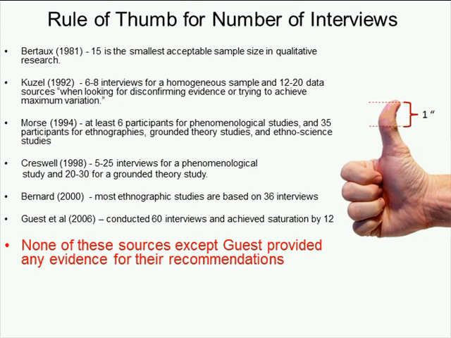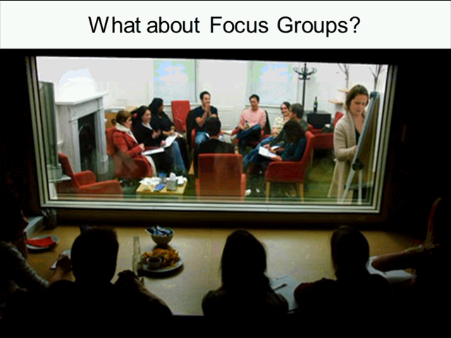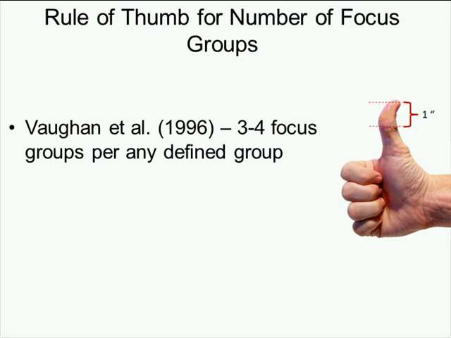Generally in oncology, the number needed for saturation falls somewhere in the range of 10 to 30 people, depending upon what's being inquired about. And what about focus groups? As opposed to using content solicitation by individual interviews, what about gathering content through focus groups? The rule of thumb there is something like 3 to 4 focus groups per any defined group is usually enough to have achieved saturation.